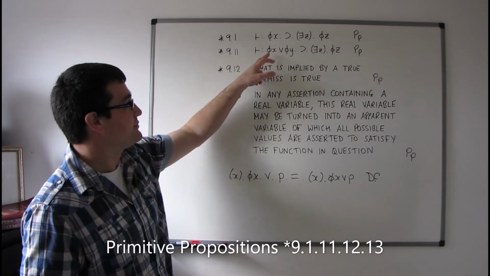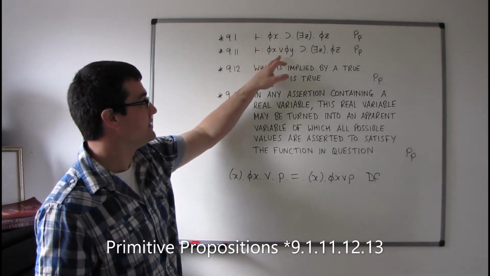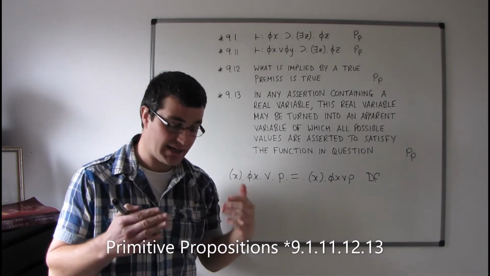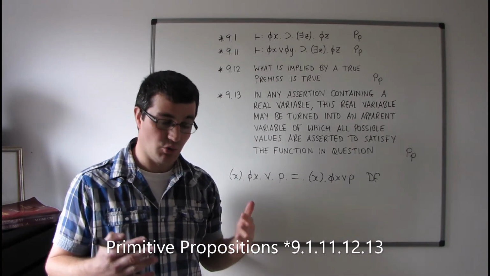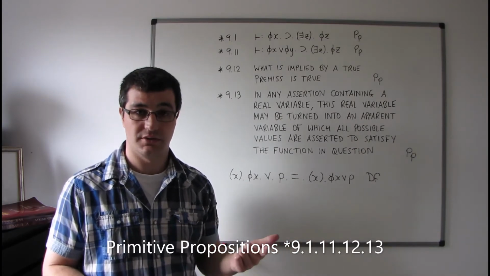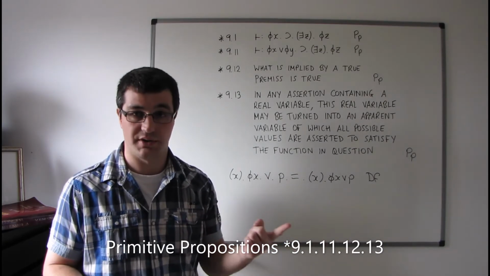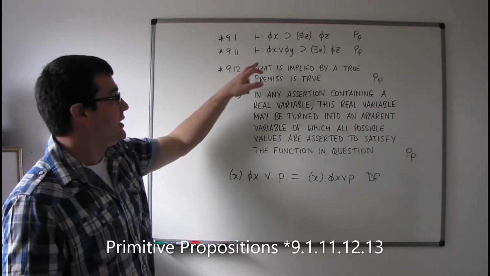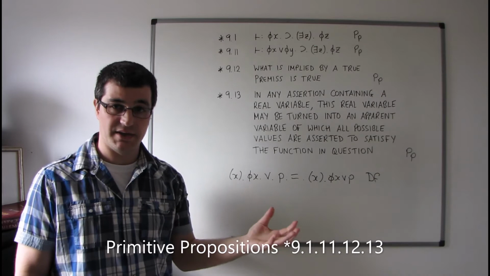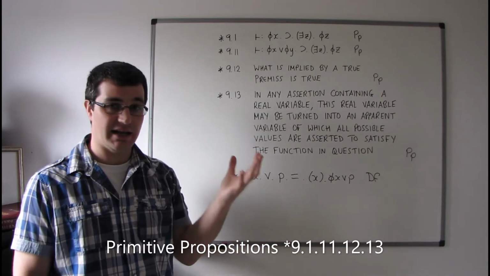Notice also that because the premises here are elementary propositions, I can still apply my rules of inference 1.1 and 1.11, in particular 1.11, I guess. Because all I require from 1.1 and 1.11 is that the premise is an elementary proposition.